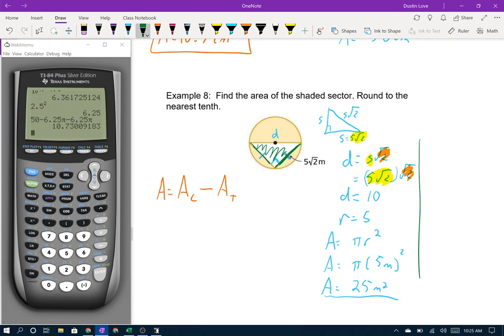When I plug it in to the area formula, 1/2 base times height, 1/2 times 5 root 2 times 5 root 2.